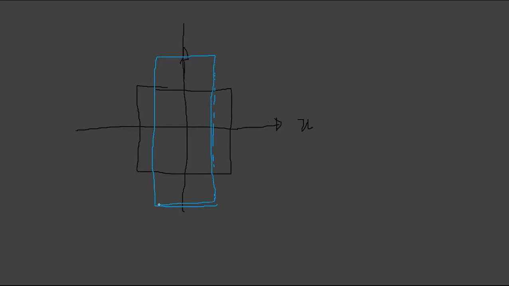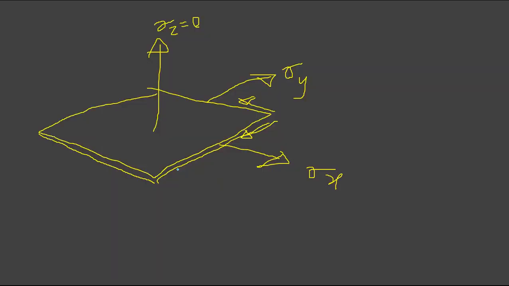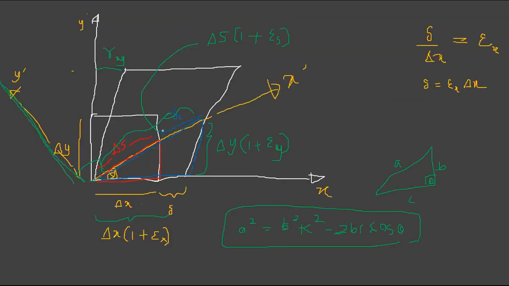This is only with your x and y strains, right? So y direction it elongates, x direction contracts, right? But you have a shear strain as well, right? So what's the direction of that? It's negative, right? So we plot the shear strain in this way as positive, right? In this way as positive, right?